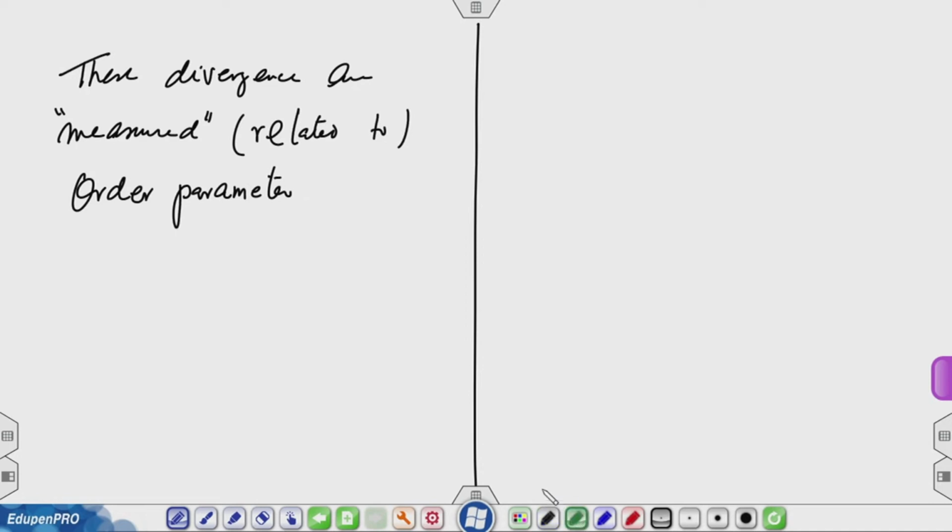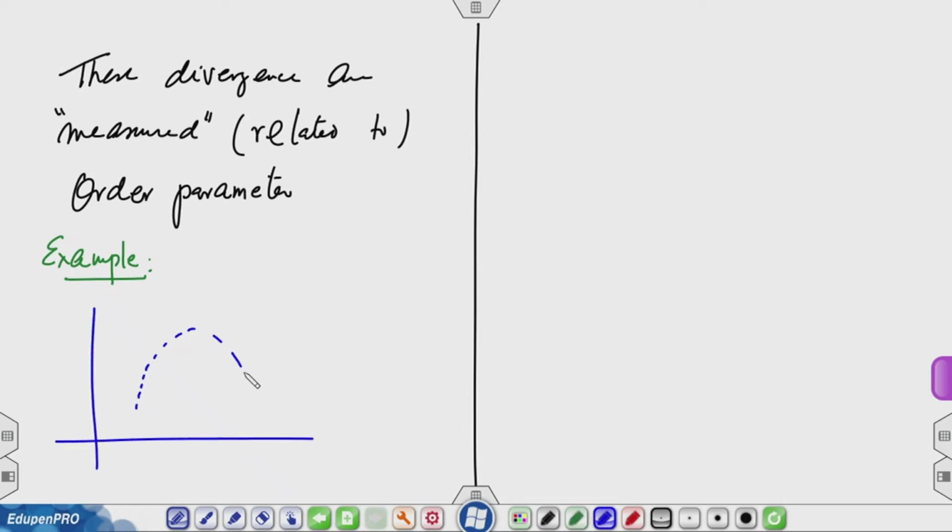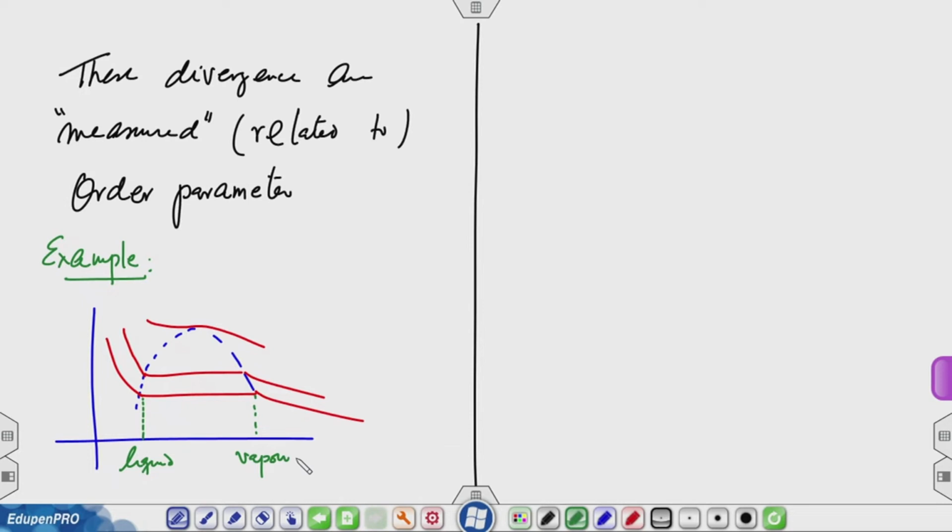So, for example, when we looked at this curve for liquid vapor phase transition, on the left hand side I had liquid, on the right hand side I had vapor.